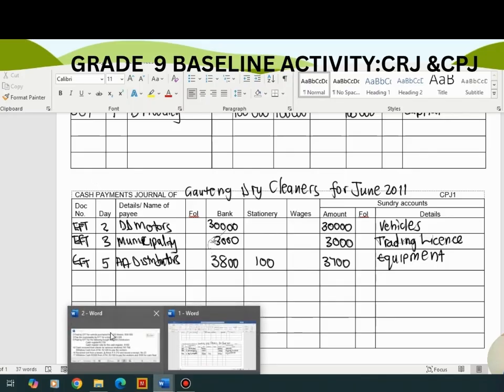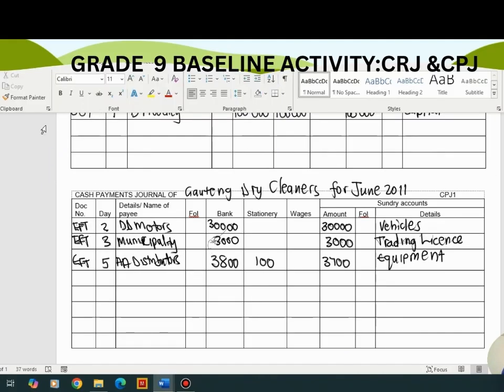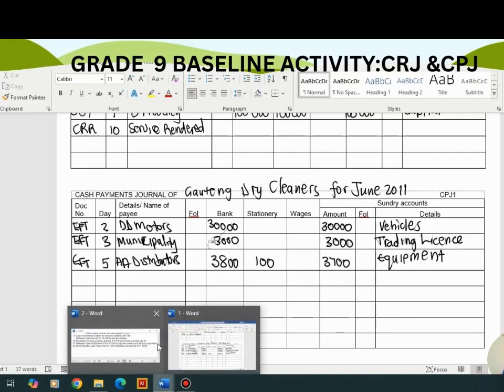Next transaction, they took a cash receipt from a client for services rendered. So this transaction goes to the cash receipt journal, services rendered to earn current income. The source document is CRJ. It's dated. The detail is services rendered. This amount goes under analysis first.